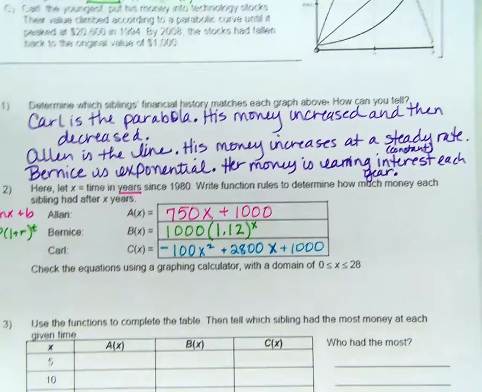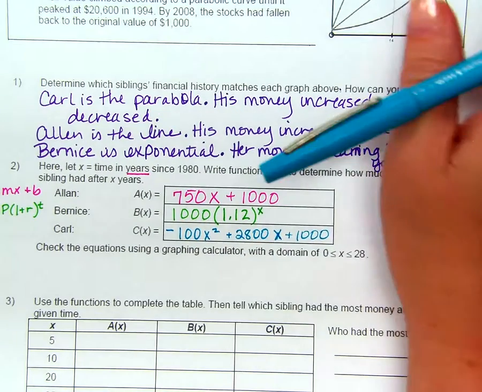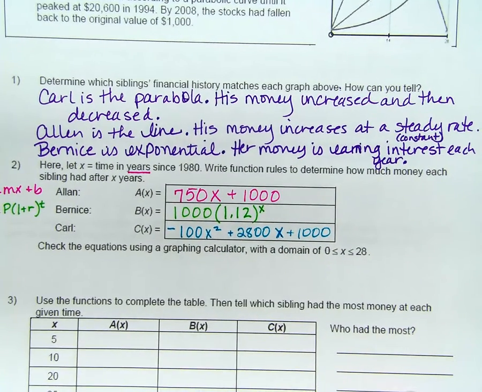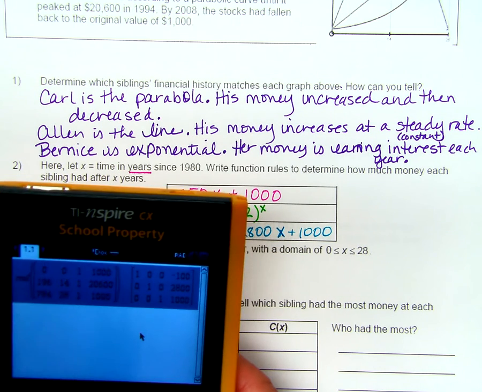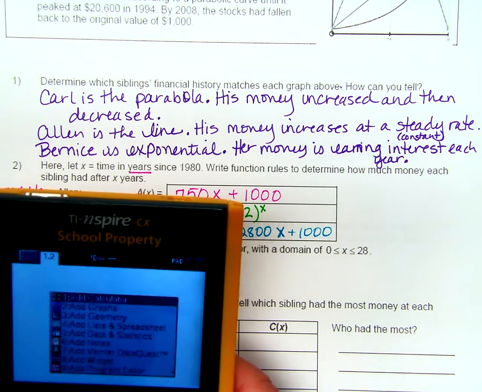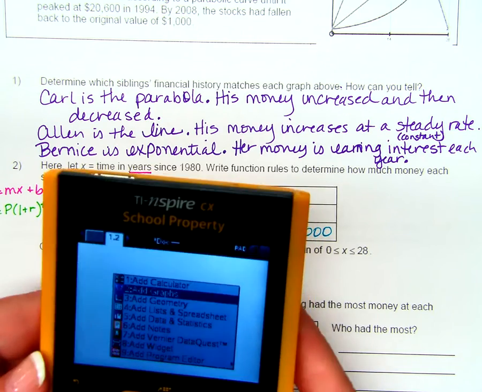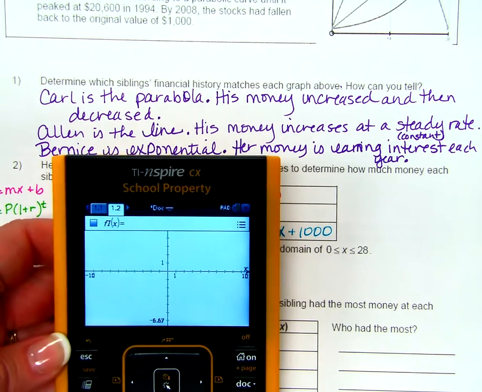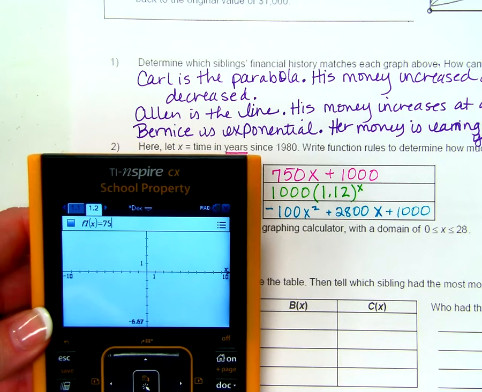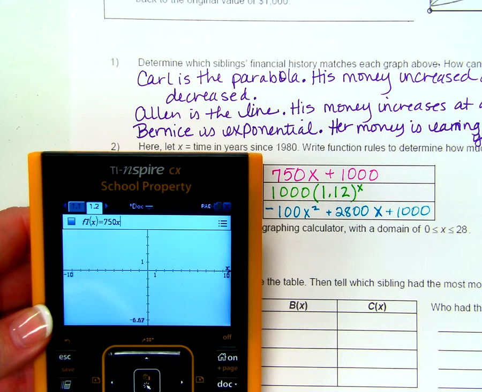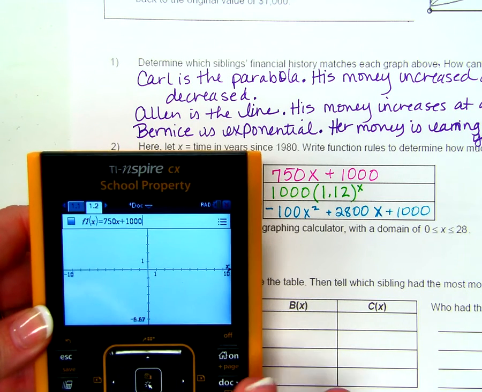All right, we okay so far? Okay, so, now, check the equations using a graphing calculator and a domain of 0 to 28. So, I'm going to add a page that is a graph, and I'm going to put all three of these equations in. 750x plus 1,000.